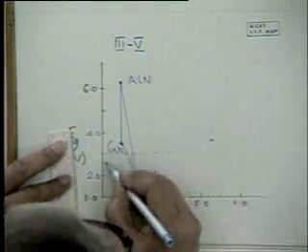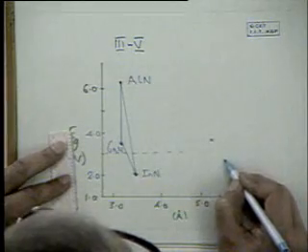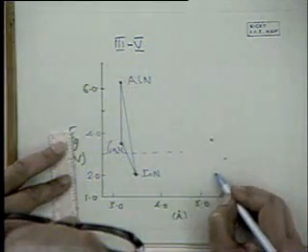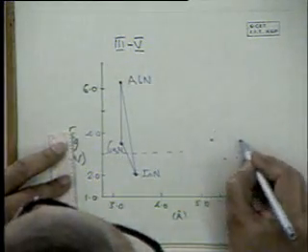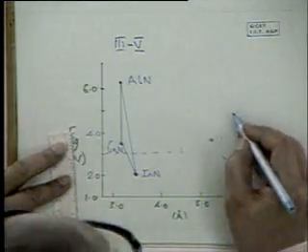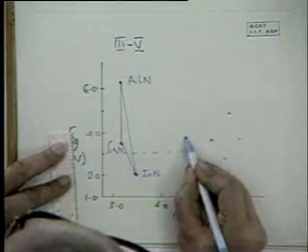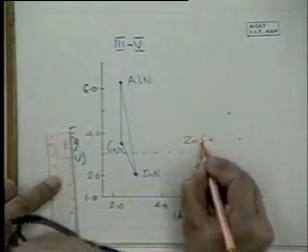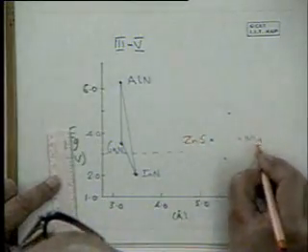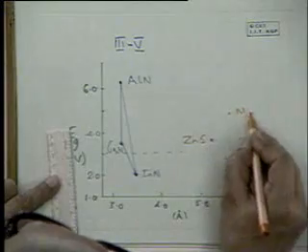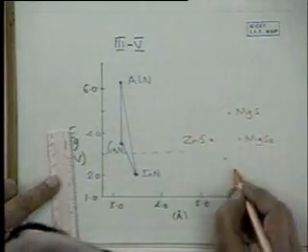Zinc selenide is about somewhere here. Magnesium selenide is somewhere here. So you have another series: zinc sulfide, magnesium selenide, magnesium sulfide, and zinc selenide.